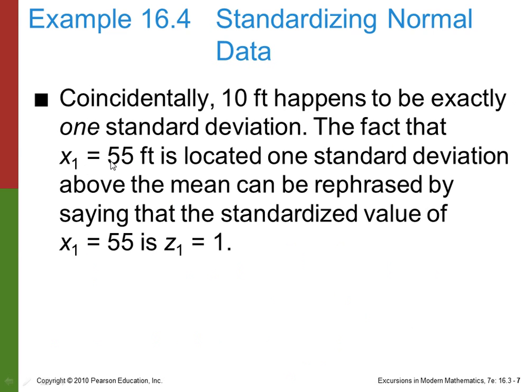The fact that x1 is at 55 feet, located one standard deviation above the mean, can be paraphrased by saying its z1 is at 1. So the point x1 is 55, but we're going to call that point 1 now.